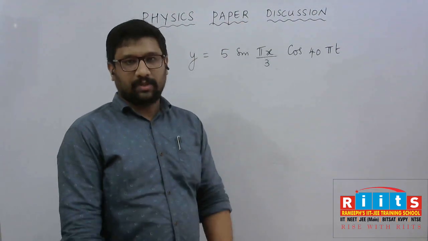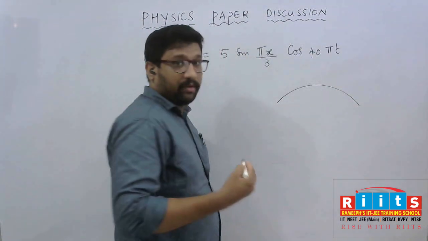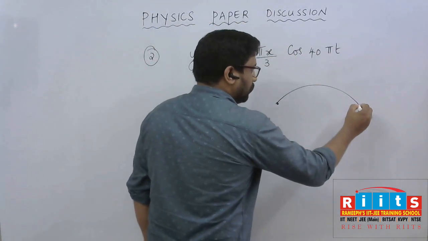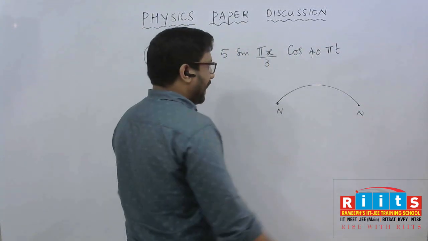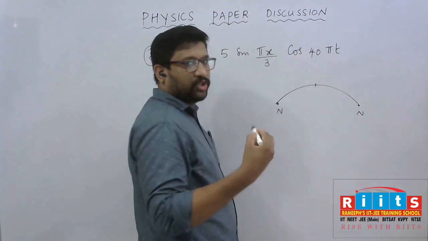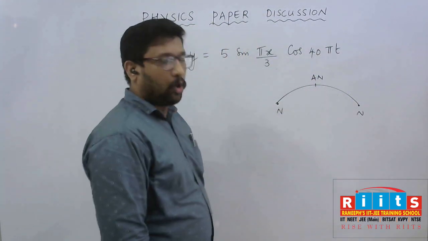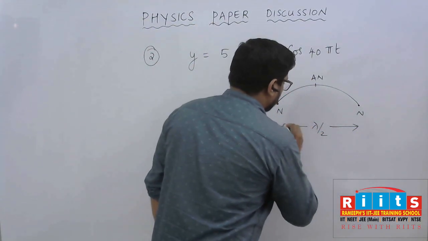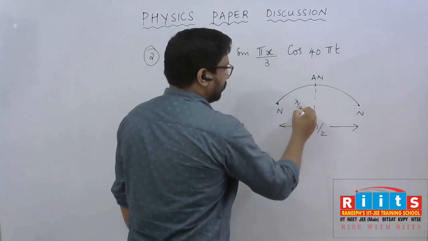adjacent antinodes. You know very well, in a stretched string, when standing waves or stationary waves are formed, the fixed points without any displacement are called nodes, and the maximum displacement position is known as antinode. The distance between two nodes is lambda by 2, and the distance between node and antinode is lambda by 4.